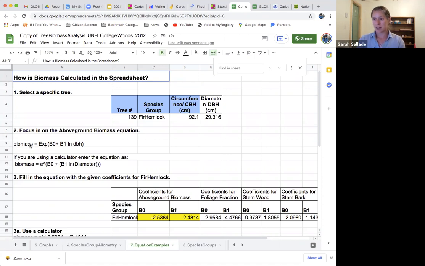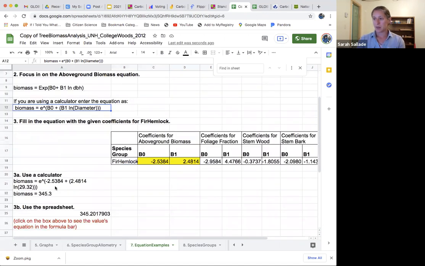So you can see this is how it's written in the spreadsheet, but you can also plug it into a calculator to back check it, which is a really interesting thing to do with especially high school students, because a lot of them are learning about base 10 logs and natural logs. So it's a great mathematical application that students can use.